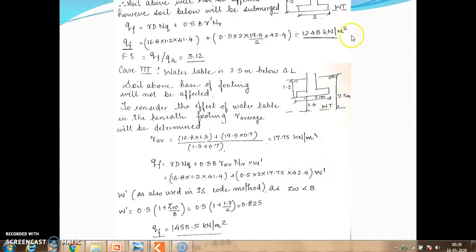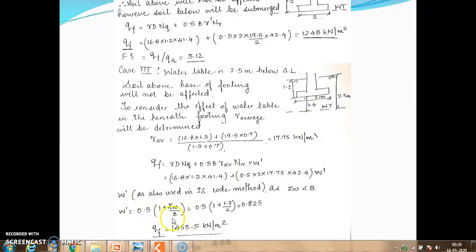If the water table rises to the foundation level at 1.2 or above, then this W dash is going to be 0.5. And if it is in between, like in this case, between the founding level and the 3.2 level, then you find the factor using this equation.